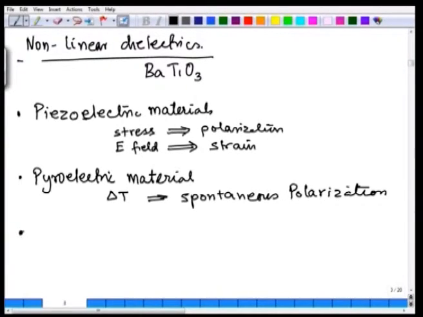The third material which we look at is ferroelectric material, and this is what barium titanate is. All three of them are connected. The point I am going to make eventually is, if a material is a ferroelectric material, it has to be pyroelectric also, and if it is pyroelectric, it has to be piezoelectric, but not conversely. That is, if it is piezoelectric, it need not be pyroelectric, and if it is pyroelectric, it need not be ferroelectric.